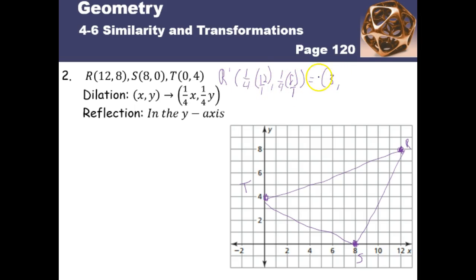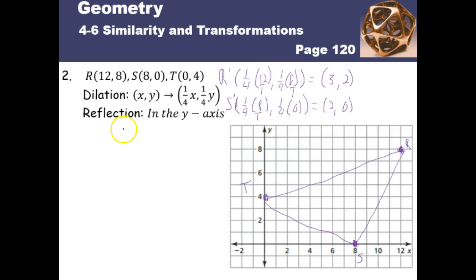And 1/4 of 8 is 8 over 4, which is 2. So (3, 2). And then S prime is going to be 1/4 of 8 and 1/4 of 0. So 8 over 4 is 2, and 1/4 times 0 is just 0.